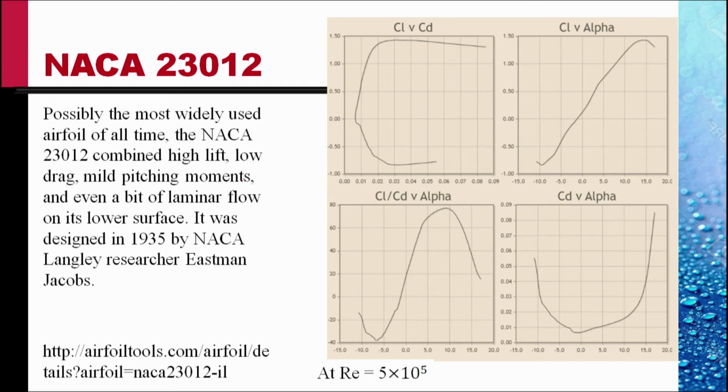It combines high lift, low drag, very mild pitching moment, and even a bit of laminar flow on its lower surface. The curves for 23012 are shown here. It has a stall angle of about 14 degrees, a maximum CL of about 1.4, and a maximum CL by CD of about 75.